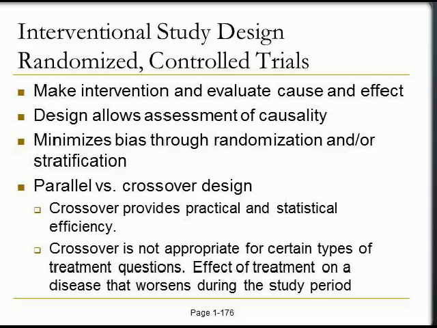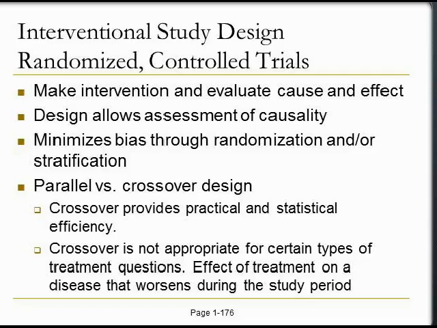In a crossover design, an individual group of subjects receives one therapy and then is crossed over, after some washout period, to a second treatment, and maybe crossed over again to a third treatment. That provides more statistical and practical efficiency as it reduces variability, because we're studying the same person, and each person receives each of the treatments.